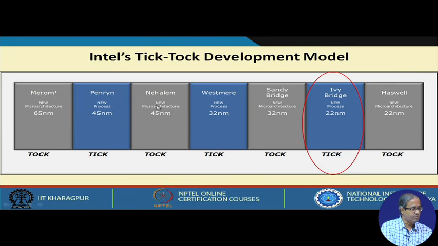Then we moved to the next generation, which was the same microarchitecture but with a better technology, 32 nanometer. This was called Westmere. Then a new microarchitecture with the same 32 nanometer technology was called Sandy Bridge. You move on to the new process, 22 nanometer, and this was called Ivy Bridge. Now, a new microarchitecture based on 22 nanometer is Haswell.